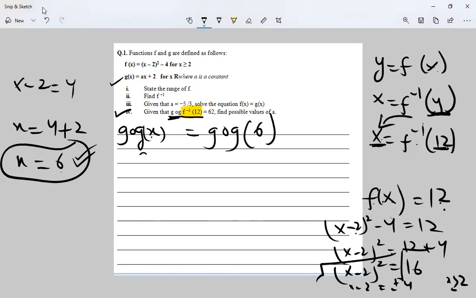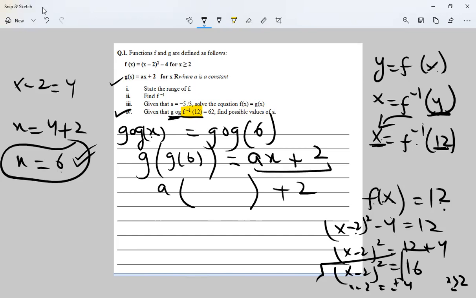g of g. The g value is what? Ax plus 2. Again, g means Ax plus 2.